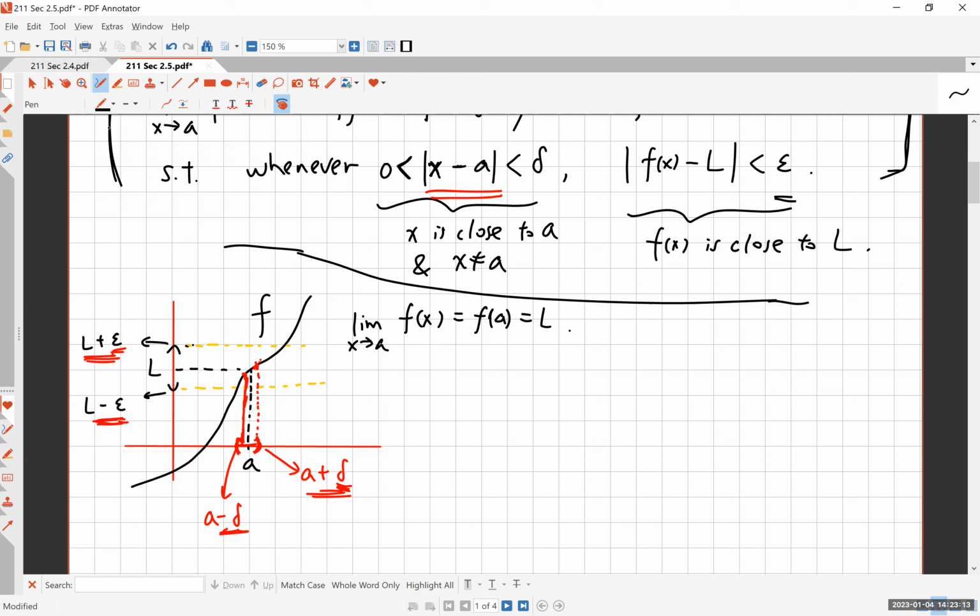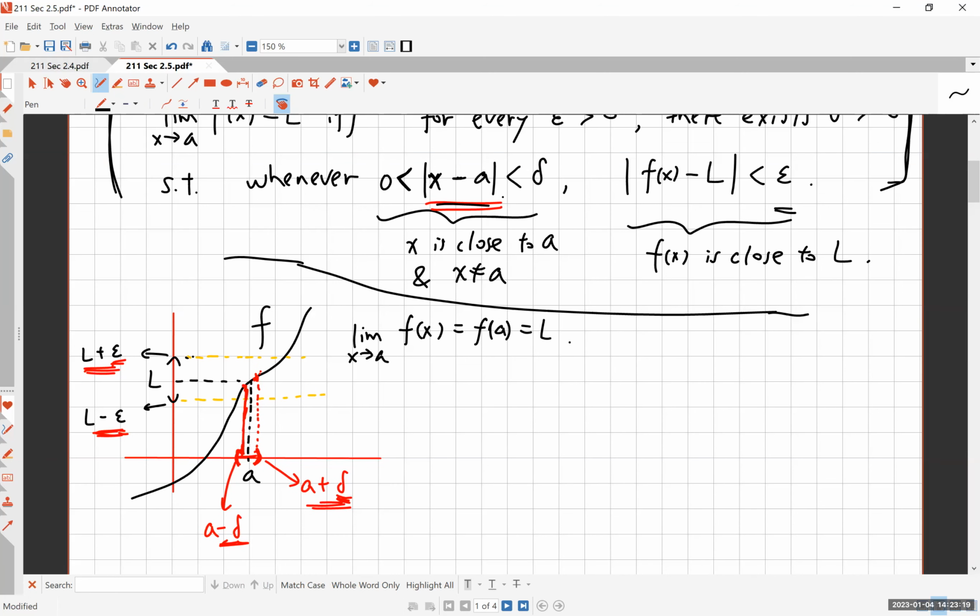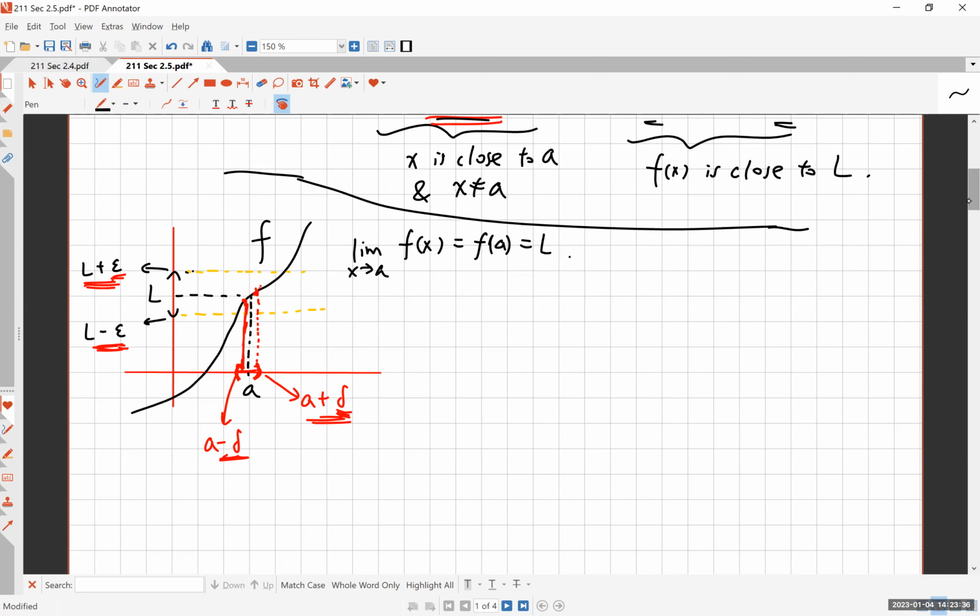So for every epsilon, there exists at least one delta such that whenever x is within the delta distance of a and not equal to a, then the value of the function is within the epsilon distance of L. That is the precise mathematical definition of the limit.